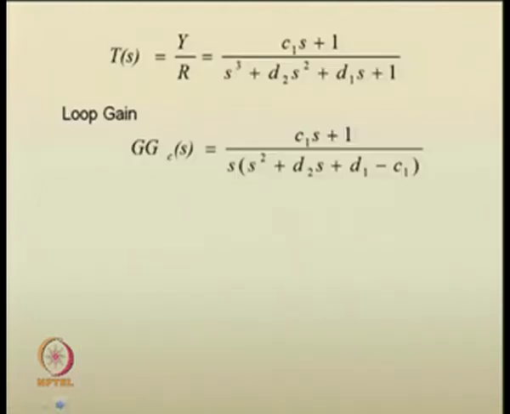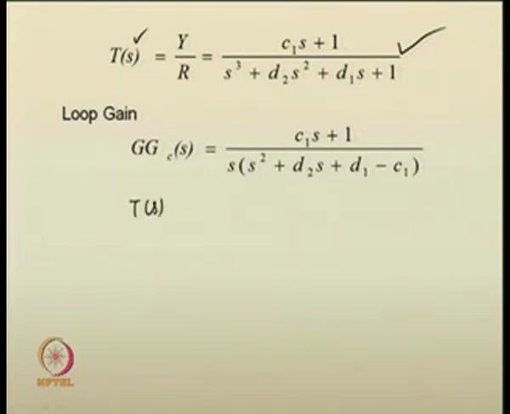We shall see in the form of some example, in the simulation example, how conveniently a controller can be designed. Before going to that, we have seen that the standard transfer function can be expressed in this form, where T(s) is the closed loop transfer function having the numerator C1 s plus 1 upon s^3 plus d2 s^2 plus d1 s plus 1. Its loop gain can be obtained. How do we get the loop gain?